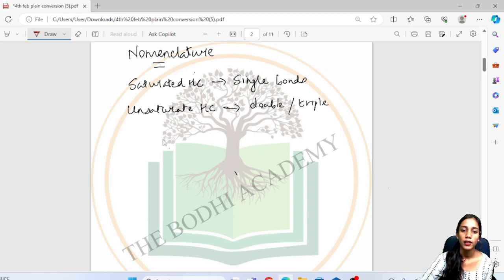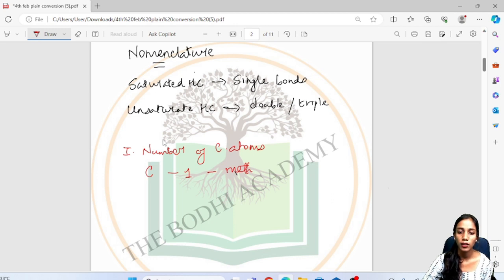First of all, we will look at the number of carbon atoms. If the number of carbon atoms is 1, then the starting part of the word is METH. If the number of carbon atoms is 2, then it is ETH. If 3, then it is PROP.